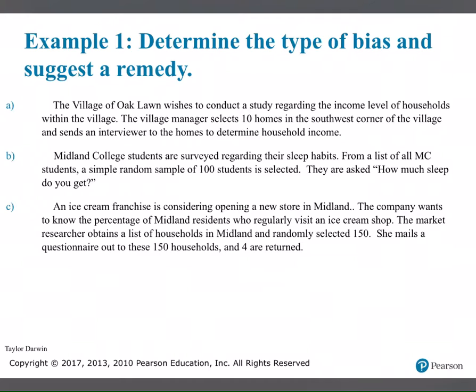So this is an example of sampling bias, because maybe this southwest corner doesn't give us an indication of every household income. The way that we could help A is maybe by doing a stratified sampling. Maybe get a sample of each corner of the village or whatever it may be.